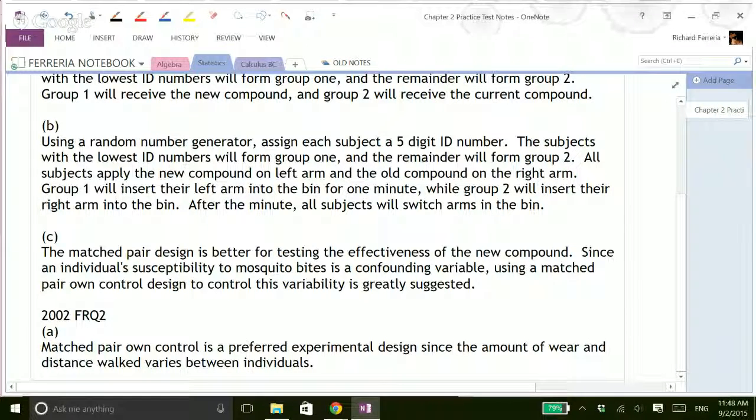Since the amount of wear and distance varies between individuals. Okay, so in other words, a source of variability is individual variability. There is individual variability in boot wear.